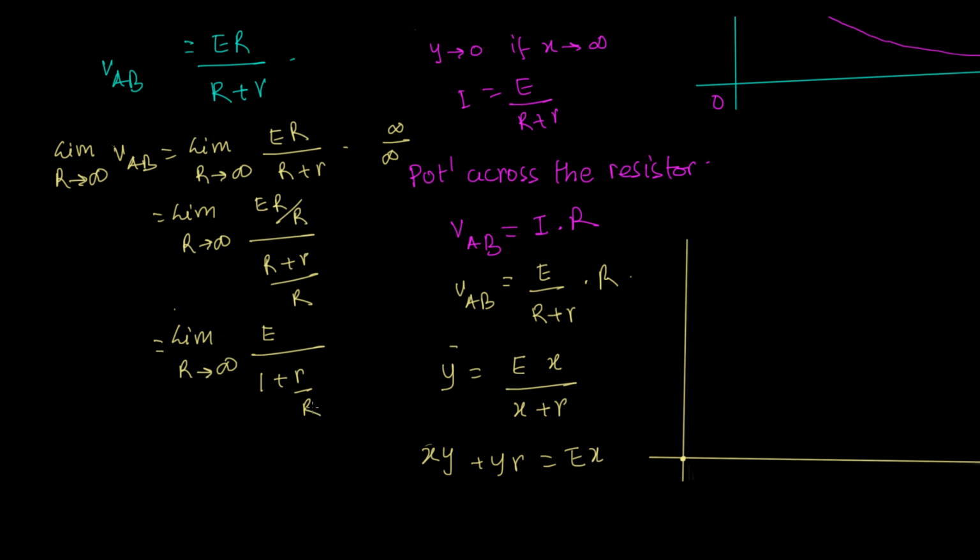Now, this R is tending to infinity. So something upon infinity tends to 0. So the denominator remains 1 plus 0, that is 1. So my potential becomes E.